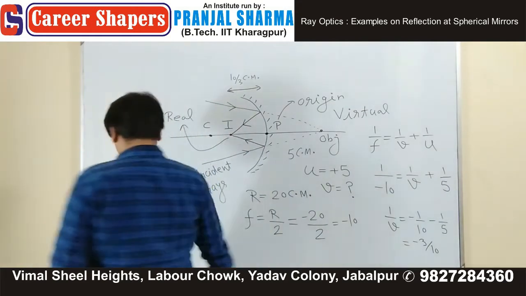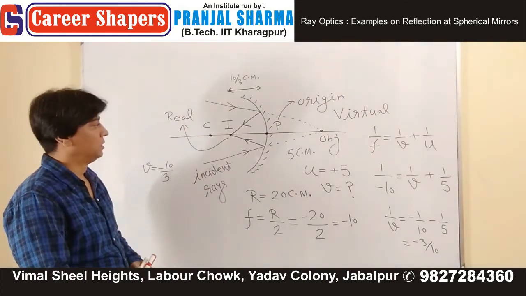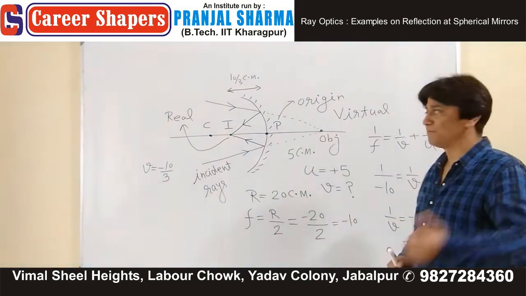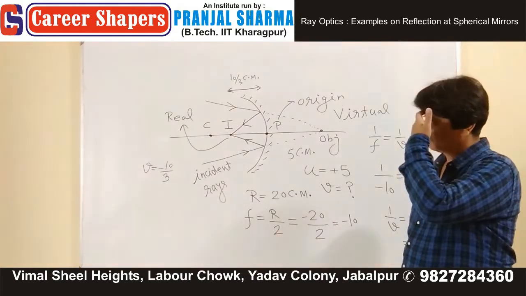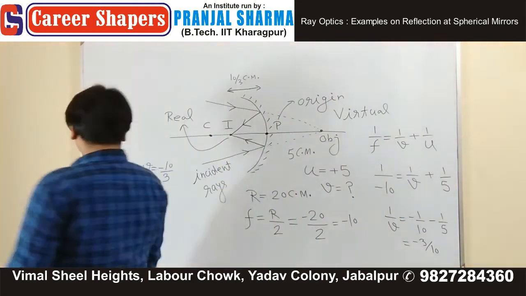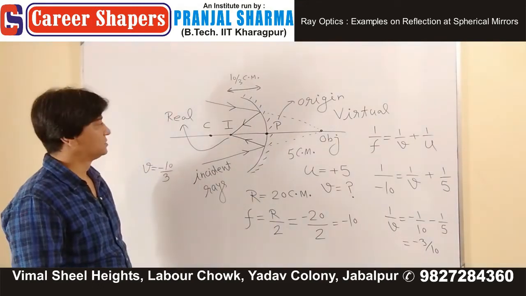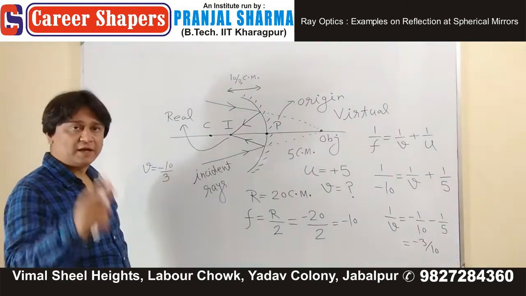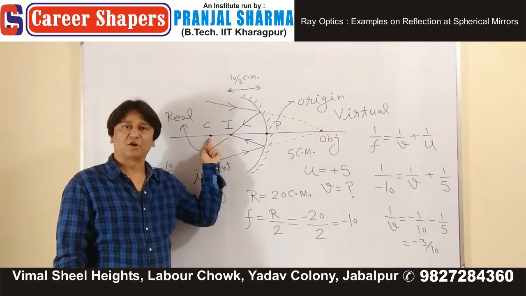If object is virtual, and we have a concave mirror, then image is always real, and lies between pole and the center of curvature.